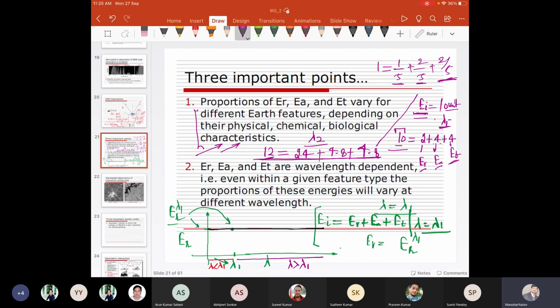When you change the wavelength, their response, the way they divide it into 3 parts, changes. So there might be a possibility that 12 is divided into 3 parts in a different proportion. It could be 6 plus 4 plus 2.